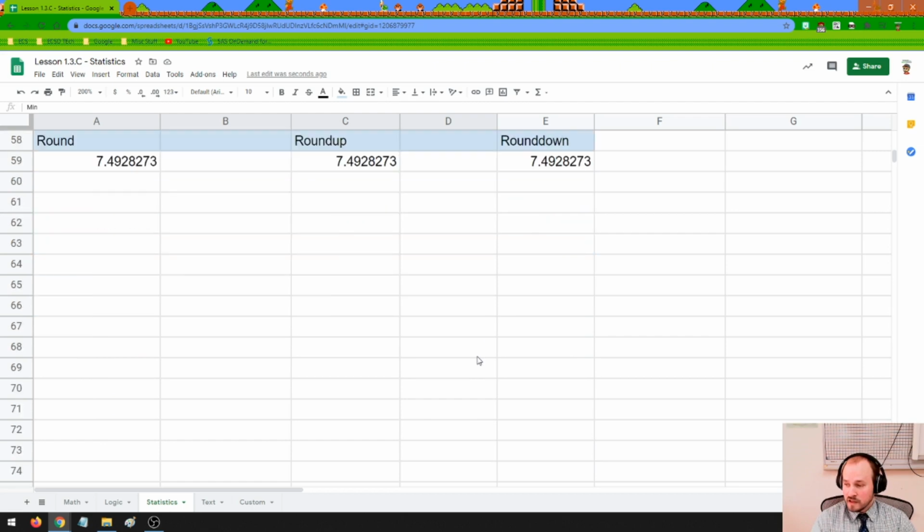All right. The last thing that we want to do is the rounding function. When we round, remember that changes a decimal. So for example, if this is a price of something, let's say $7.4928273. My goodness, I don't know how to pay that type of money.